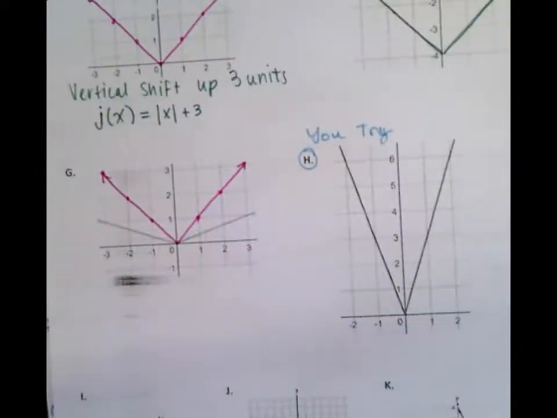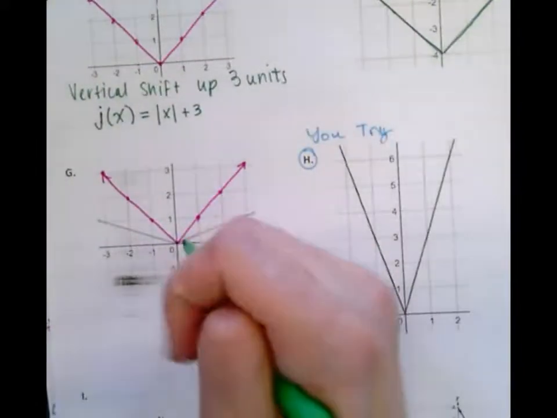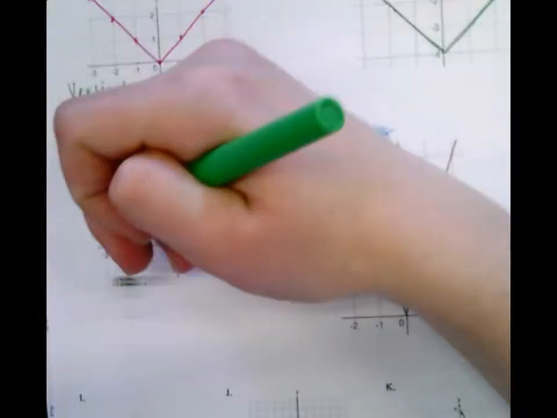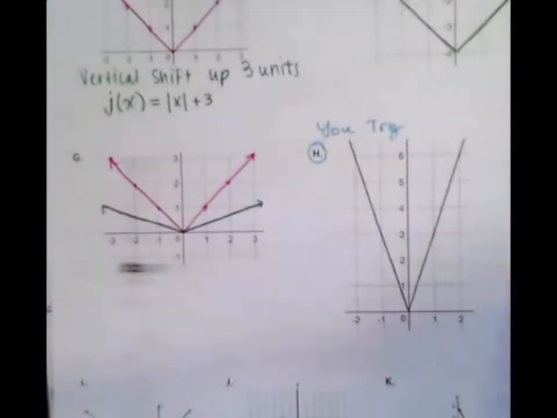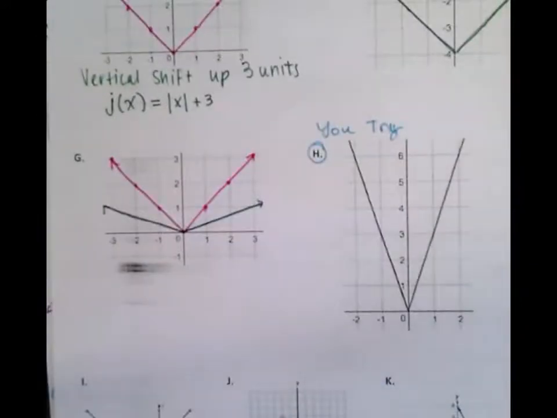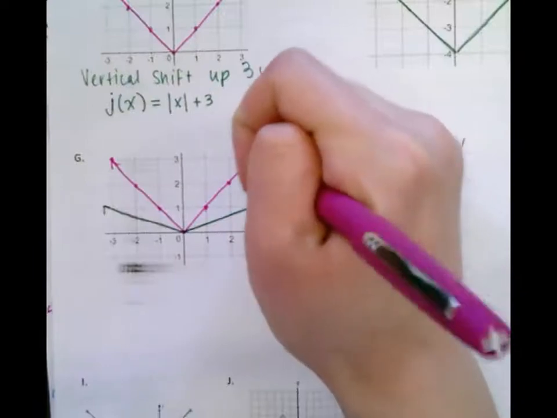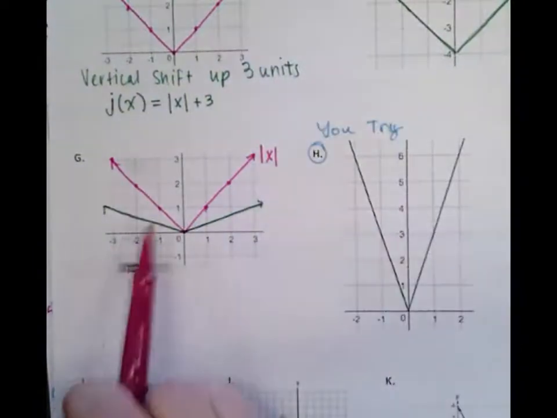And just to make it more clear, I'm going to outline the graph that's already there. So the pink one is my original absolute value of x. So I'm thinking about what changed.